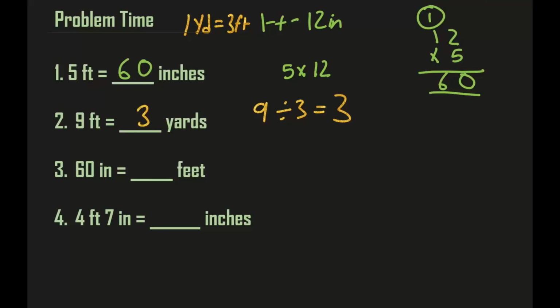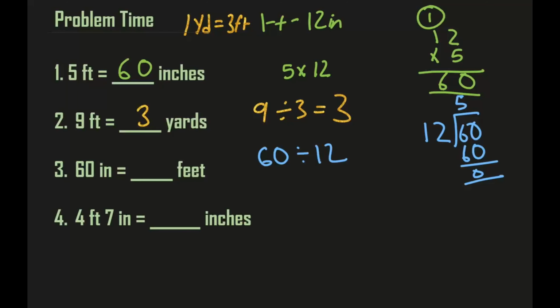So all we're going to do again is divide 60 by 12. If you want, you can set it up like this and then just do it. 12 times 5 equals 60, so we get a remainder of 0. Now, our answer is going to be 5 feet.